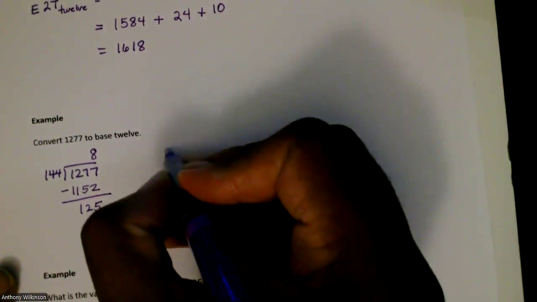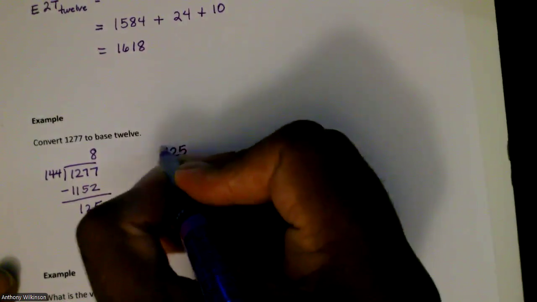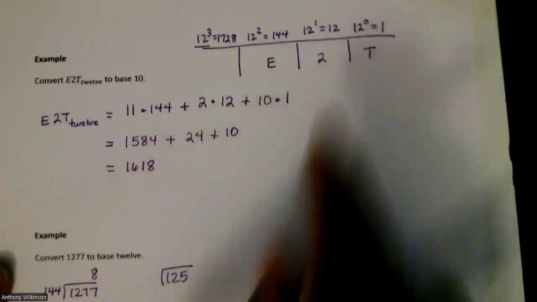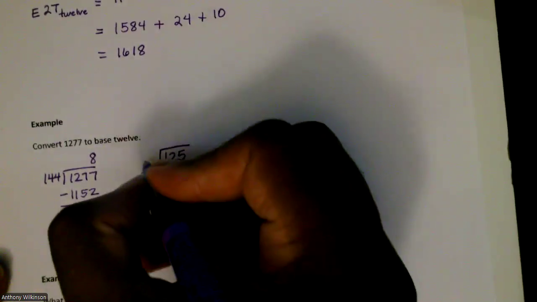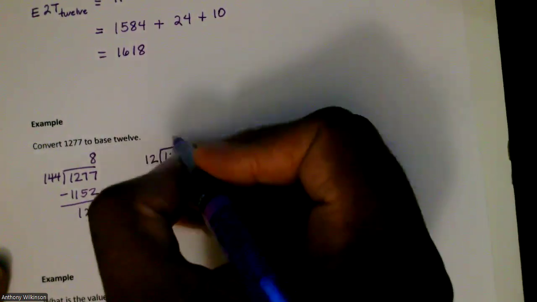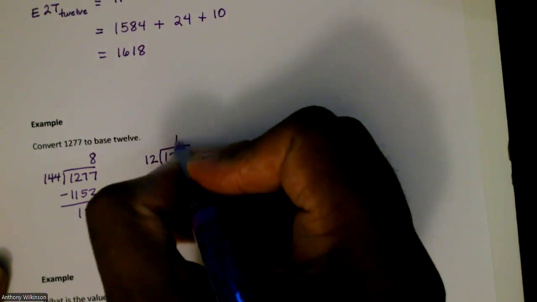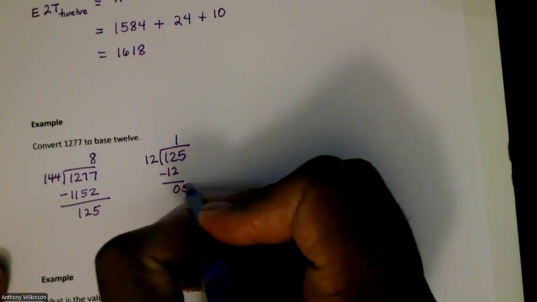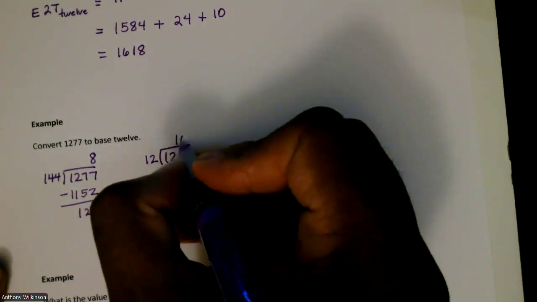Okay, now I'm going to use that 125, divide that by the next lower power of 12. In this case, it'll be 12 right here. So if I divide 12 into 125, well, 12 goes into 12 one time, and 12 can't go into 5 evenly.